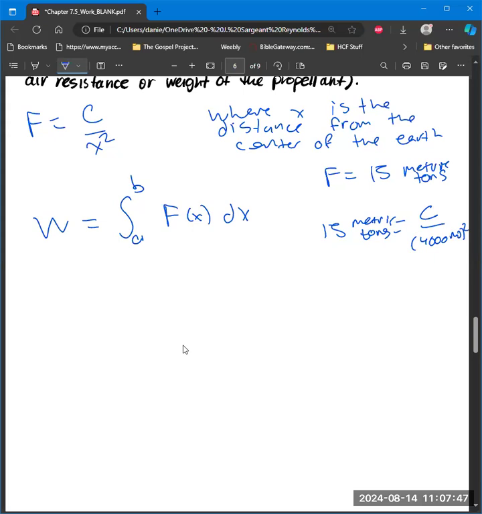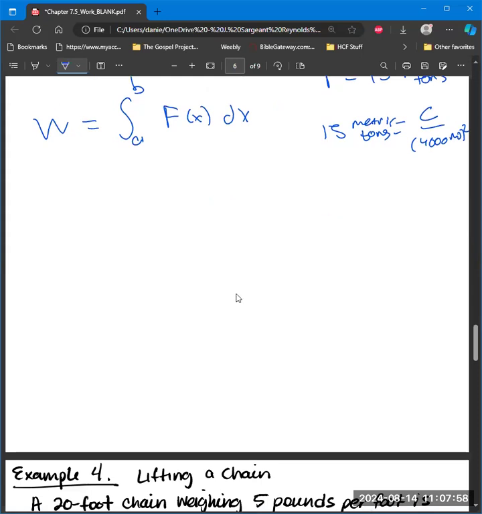That's at the time that it's on the Earth's surface. We're going to have the radius of the Earth was 4,000 miles. So if we solve that, C is equal to 240 million, like that.